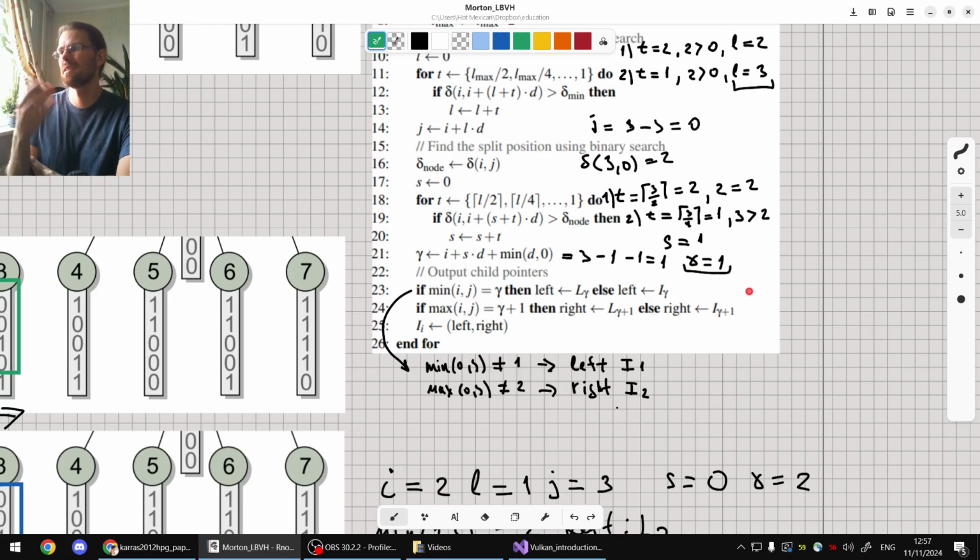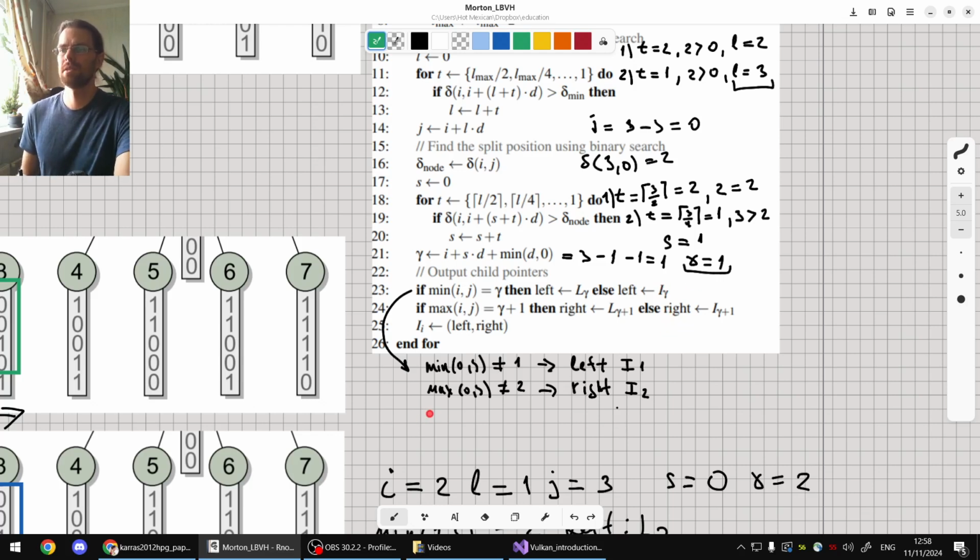But I guess the structure of this particular tree, the fact it uses Morton code and it's binary, somehow allows them to determine whether the child would be either intermediate or leaf nodes.